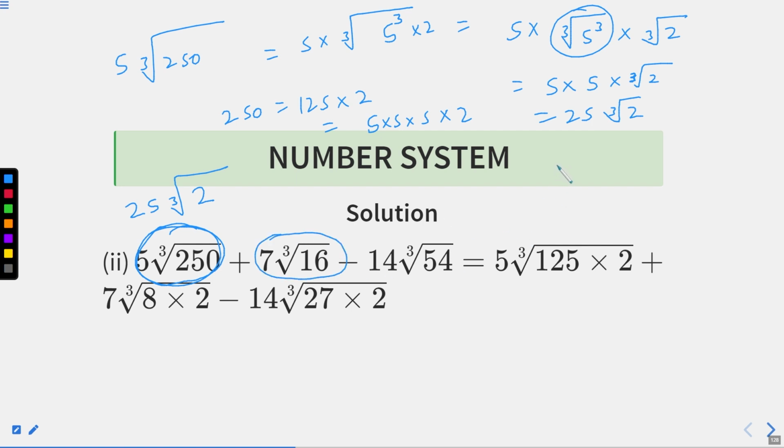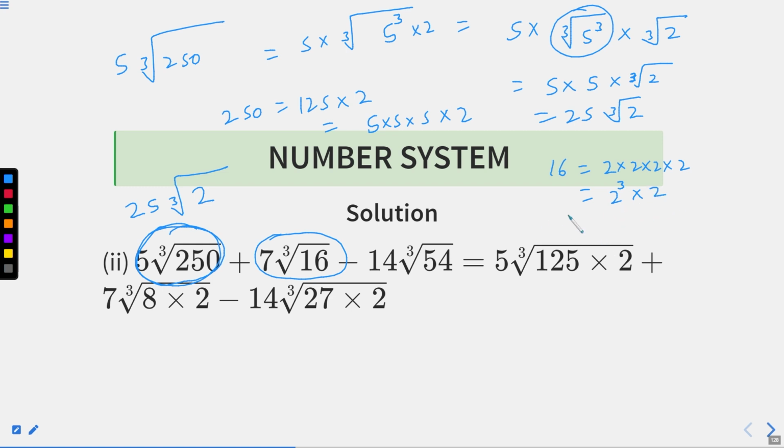Okay, now what about this? It is also the same. 16 can be rewritten as 2 times 2 times 2 times 2, which is 2 cubed into 2.